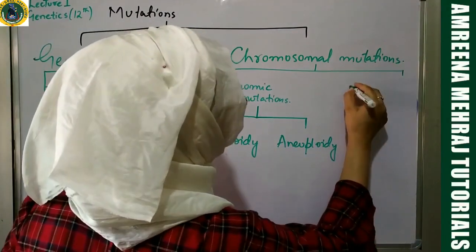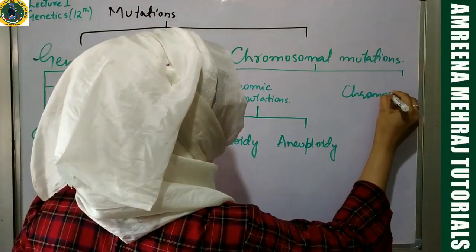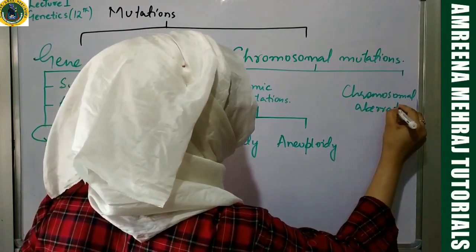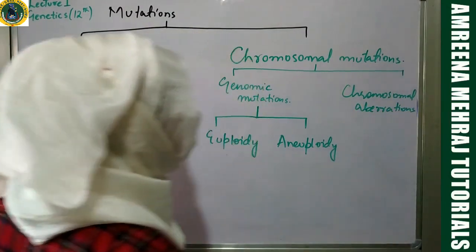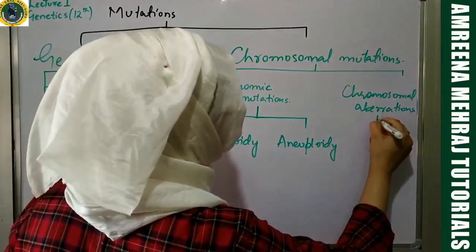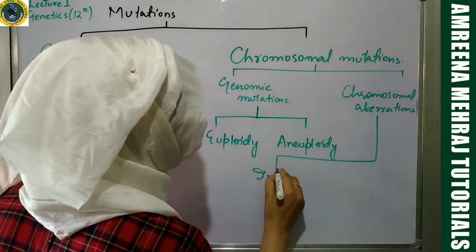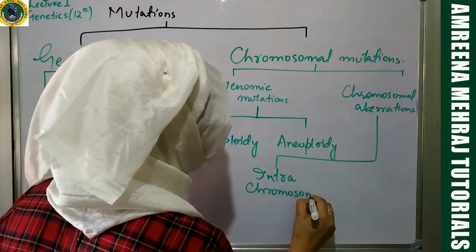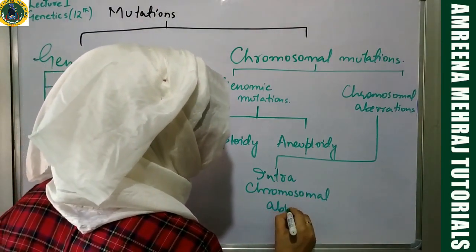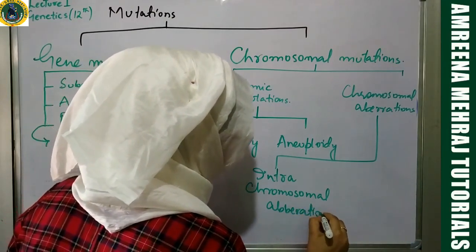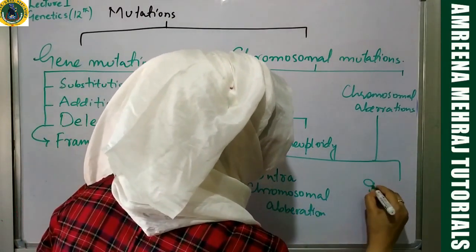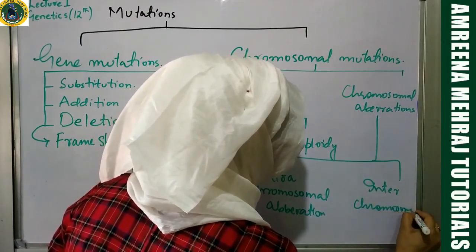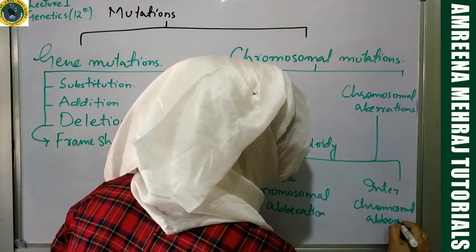Number second is your chromosomal aberrations, which are further of two types. Number one being intrachromosomal aberrations and interchromosomal aberrations.